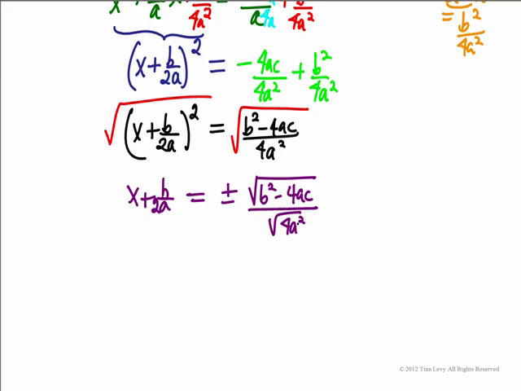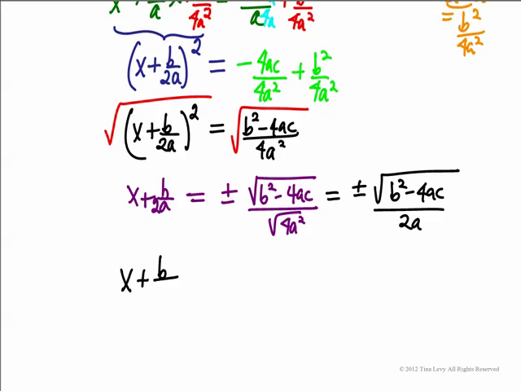I now can simplify the square root of 4a squared here. So this is plus or minus the square root of b squared minus 4ac over 2a, because the square root of 4 is 2, and the square root of a squared is a. And I get x plus b over 2a is plus or minus the square root of b squared minus 4ac over 2a.